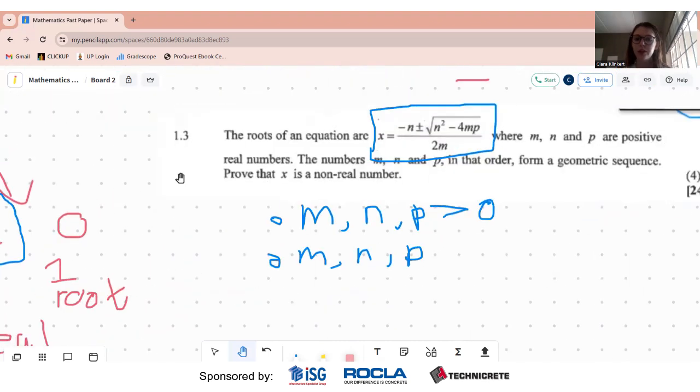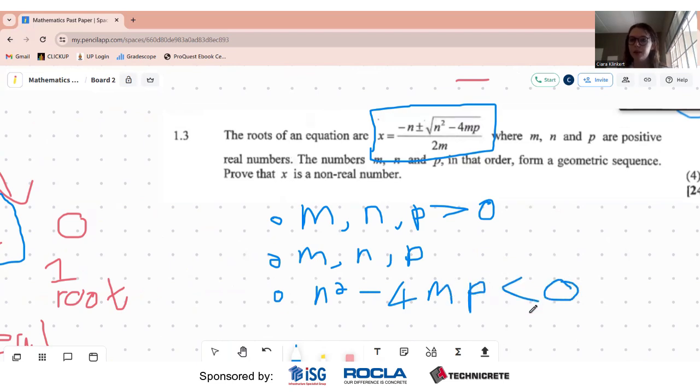And since in the question, they want us to prove that x, the roots, is non-real, the aim of what I need to show is that the bit underneath the root, n squared minus 4mp, is less than 0.